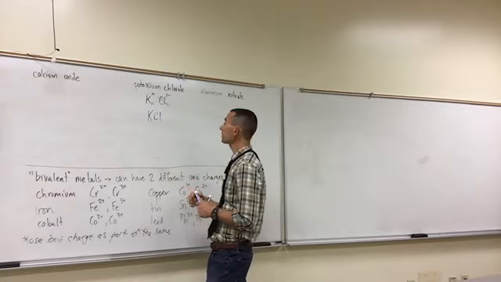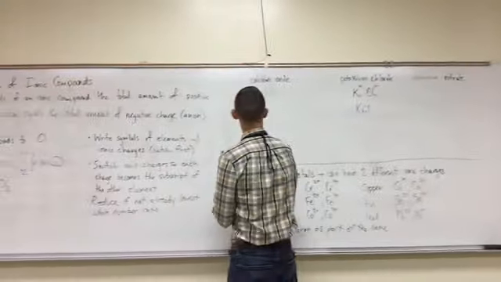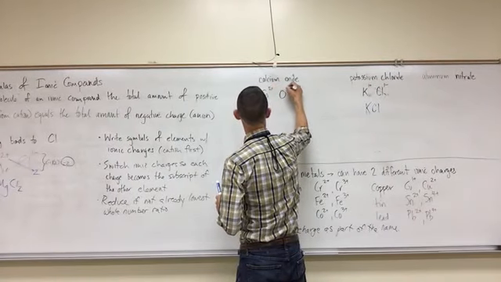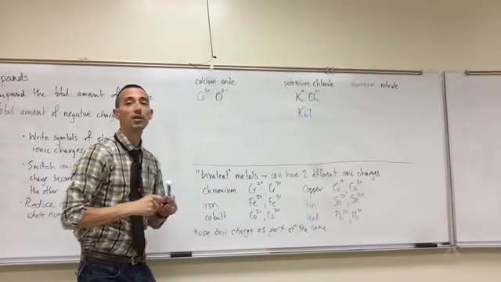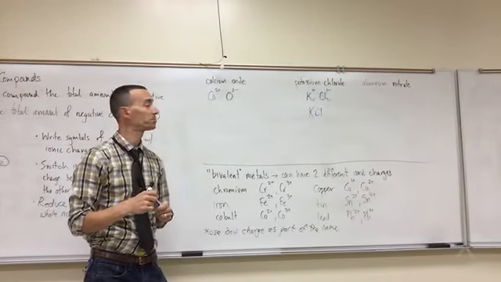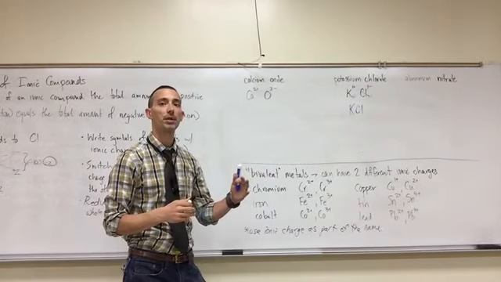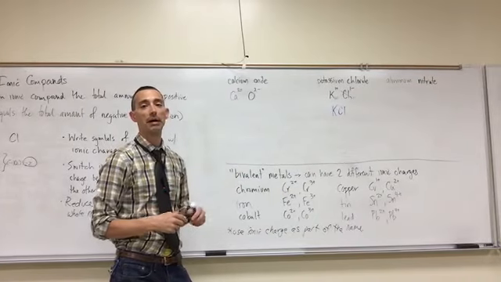Right? In the case of calcium oxide, though, calcium is a 2+, oxygen is a 2- ion. Again, where are these coming from? The groups that these elements belong to. Calcium's in group 2, so it becomes a +2 charge. Oxygen is in group 16, so it becomes a -2 charge.